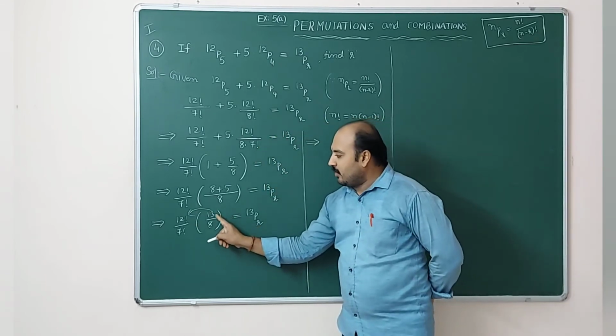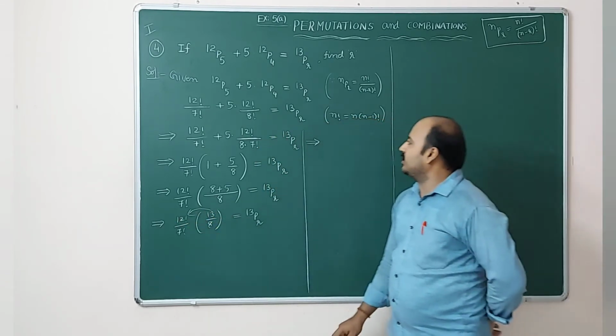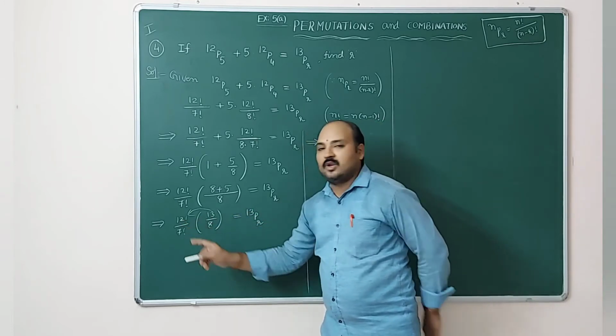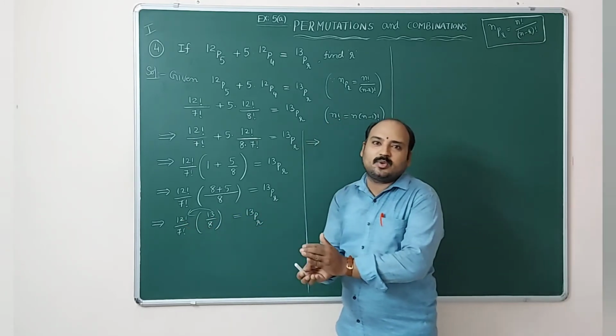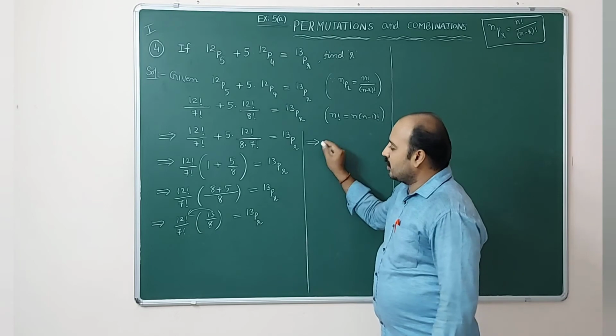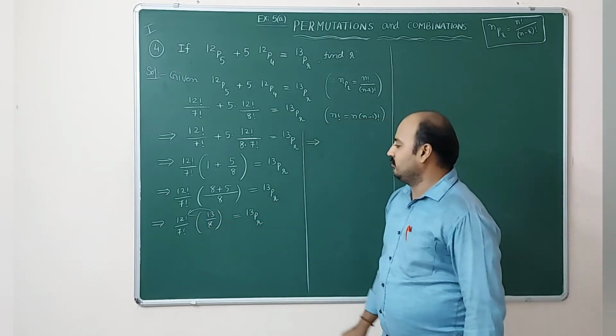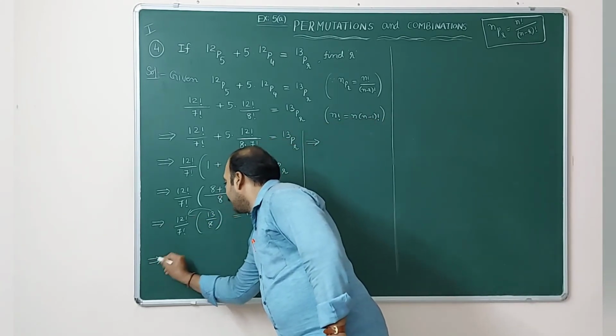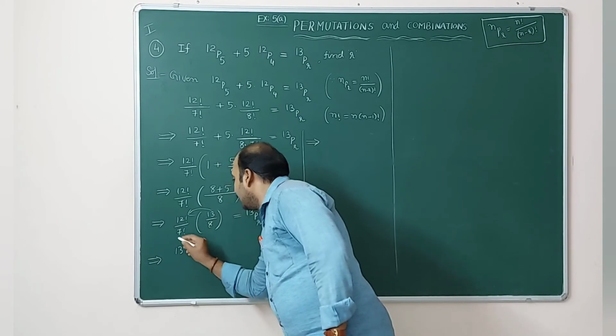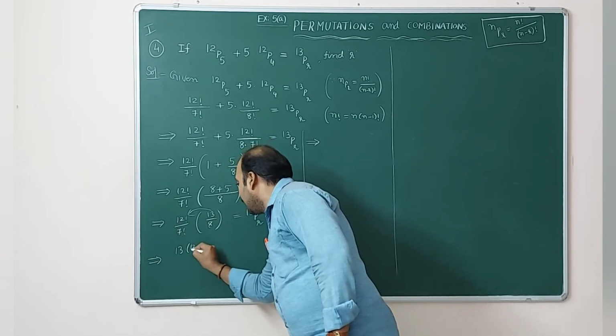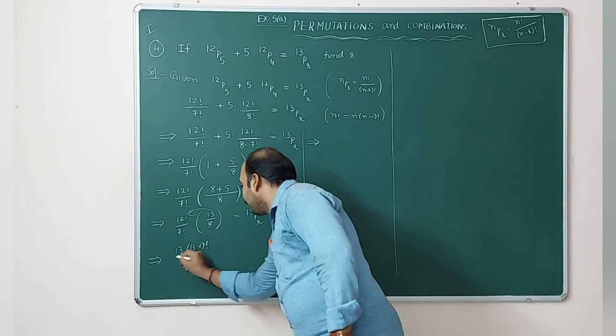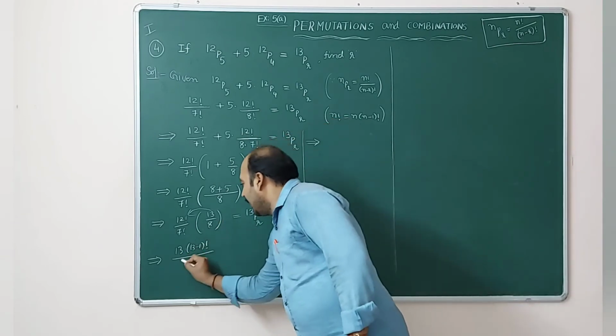It is in the form of n into n minus 1 factorial. So 13 into 12 factorial can be written as 13 minus 1 factorial. Otherwise here I will write one more step: 13 minus 1 factorial divided by 8.